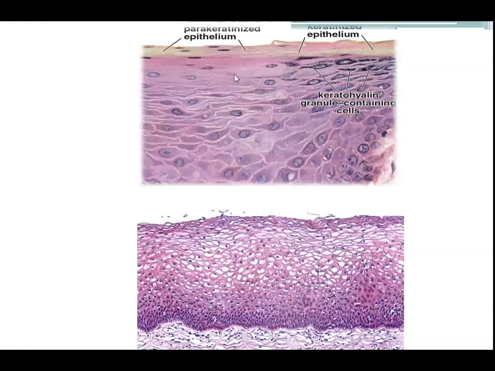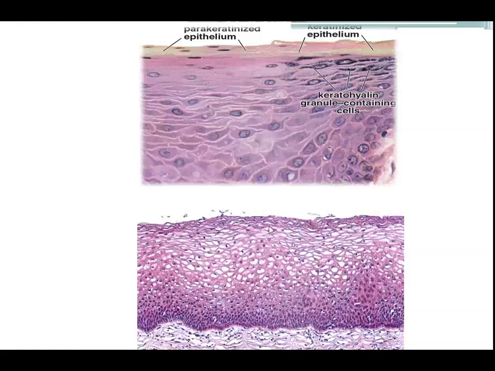Let's look here. First of all, let's look at the non-keratinized epithelium, that is non-keratinized, stratified, squamous epithelium. Several layers of epithelial cells we can distinguish here. But pay attention that all of these cells in all of the layers include nuclei.